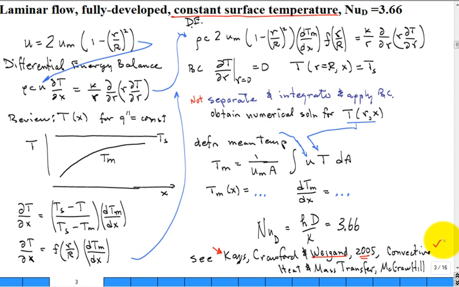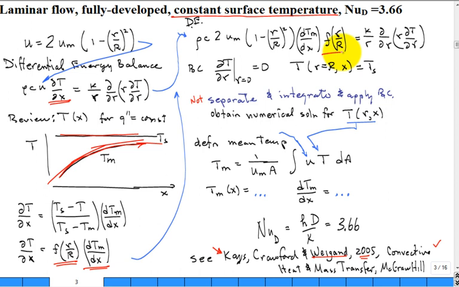Well, I hate to say it, but I'm not going to go through it. I'll just allude to the challenge that Tm is an exponential where Ts is a constant. Hence, you can only say that this change in temperature with respect to x is some function of r times this dTm/dx, which is a function of x, because its slope is different as I go down.